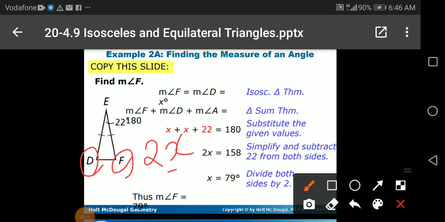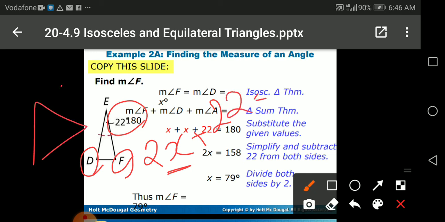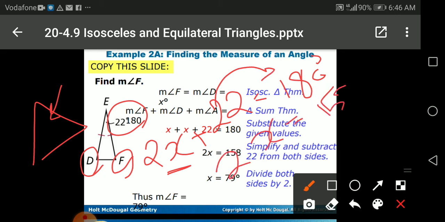Okay, 2x plus 22 gives me the total of the angles of the triangle, which is 180 degrees, right? So therefore 22 goes to the other side with a negative sign, and 2x will give me 158. So x is 79 degrees.